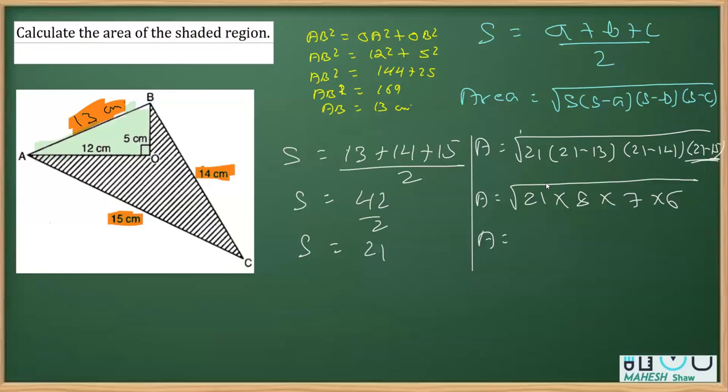Now we'll not multiply them. As you can see, we have to find the square root, so start splitting this. I can see we have a 7, so try splitting 21 in terms of 7. I'm writing 21 as 3 into 7, writing 8 as 2 into 2 into 2, keeping 7 as it is, and 6 as 3 into 2. Now, what you need to see is that we have a doublet of 7 here, so we can take 7 outside.